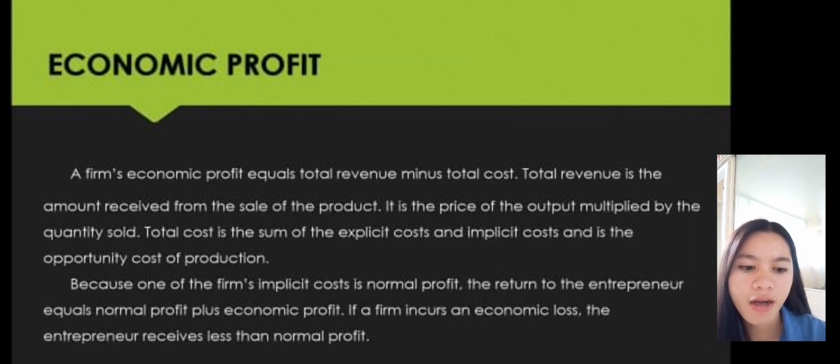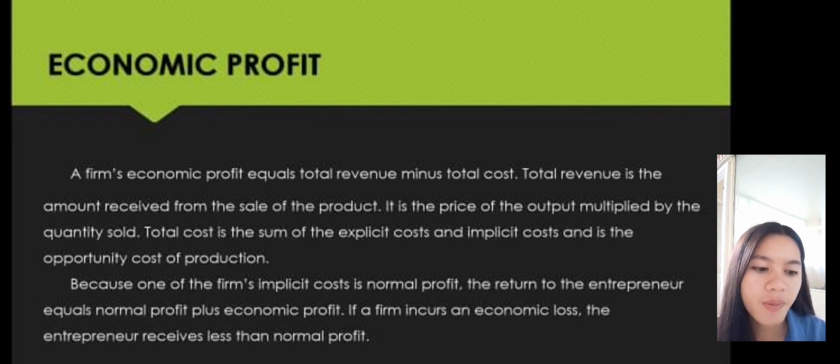Economic profit. A firm's economic profit equals total revenue minus total cost. Total revenue is the amount received from the sale of the product. It is the price of the output multiplied by the quantity sold. Total cost is the sum of the explicit cost and implicit cost and is the opportunity cost of production.